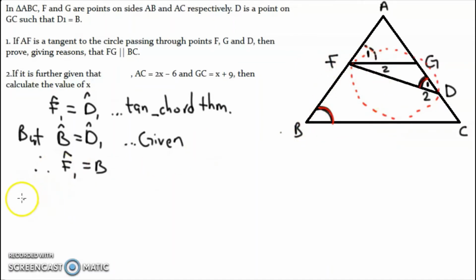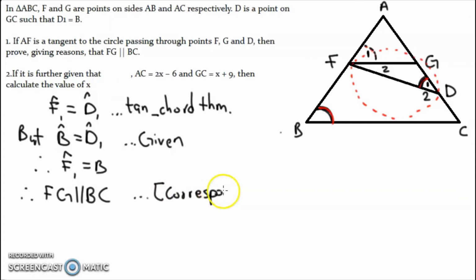So we can say, therefore FG is parallel to BC. The reason for that is because corresponding angles are equal. Yeah, so that's how you would answer this question.